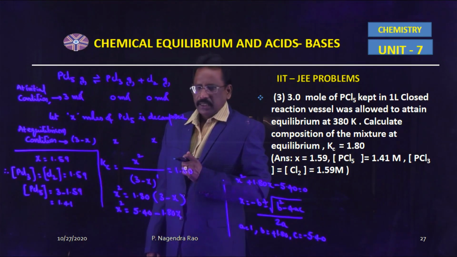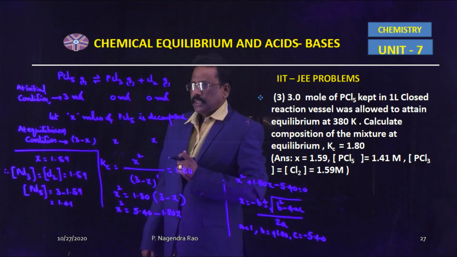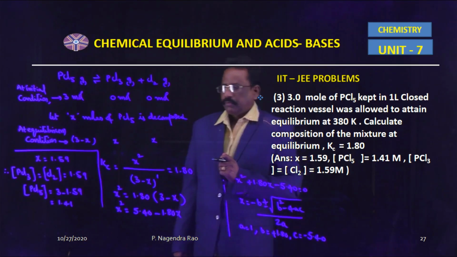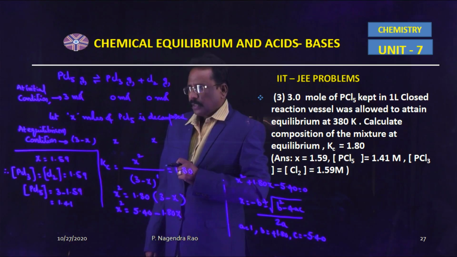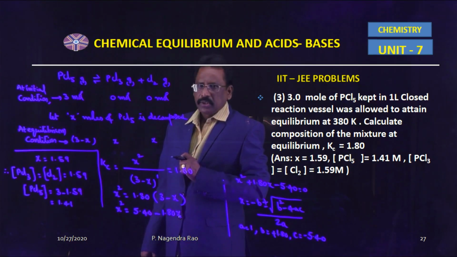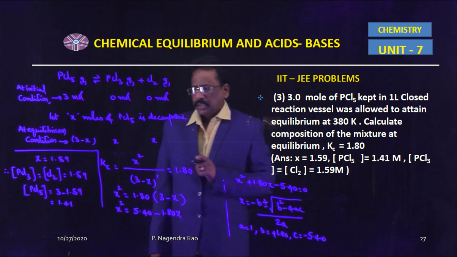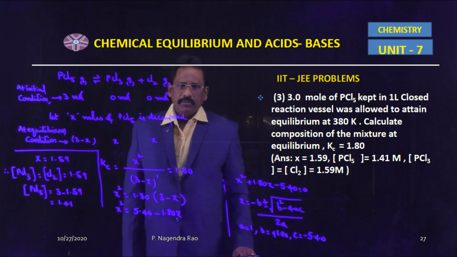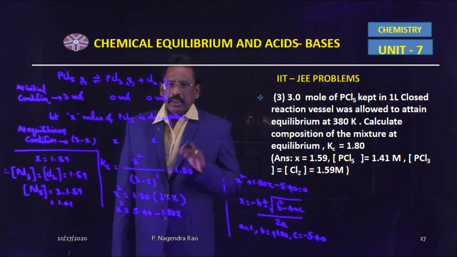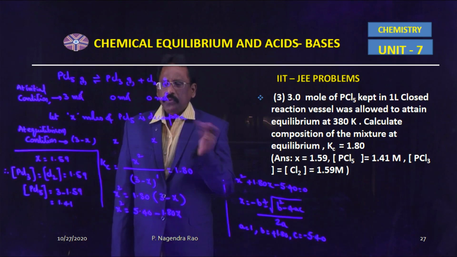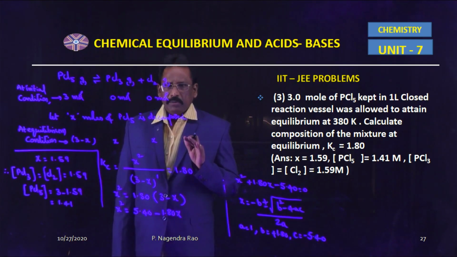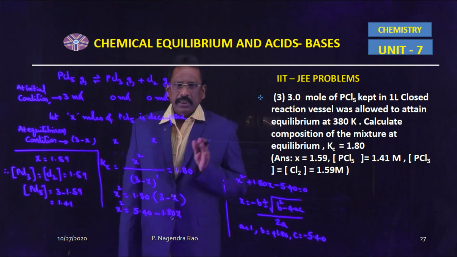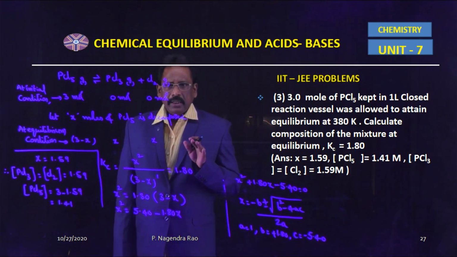So at equilibrium conditions, the active mass of PCl3 is equal to Cl2, which is equal to 1.59 molarity, and the active mass of PCl5 is equal to 3 minus 1.59, that is equal to 1.41. So in this way, the equilibrium constant, that means the law of chemical equilibrium, is useful to calculate the active masses of the reactants and the products.